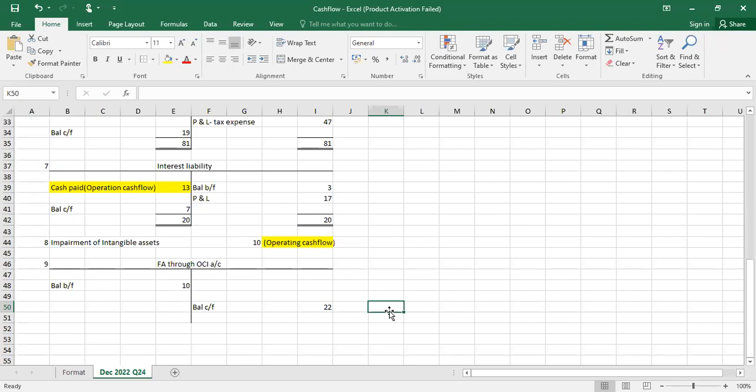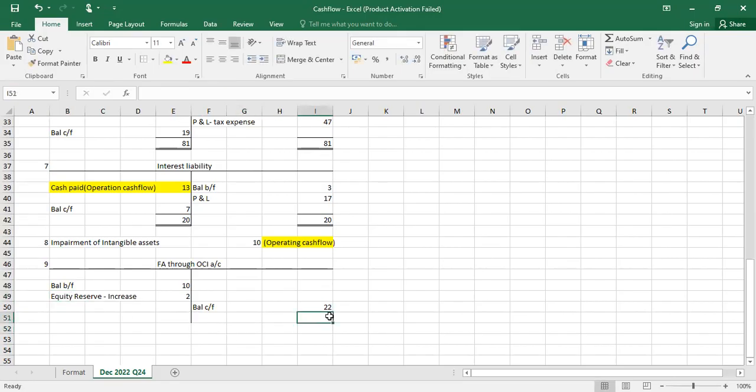When the reserve increases, you need to increase that asset account. To increase these financial assets in value, we debit with the 2 million. We say that this is through the equity reserve, an increase in that reserve.